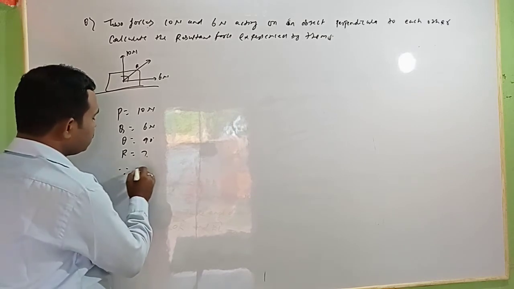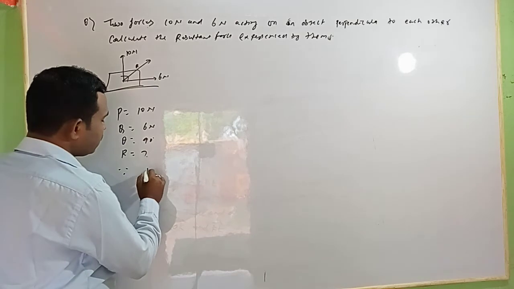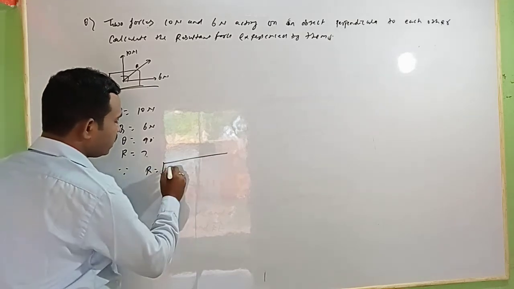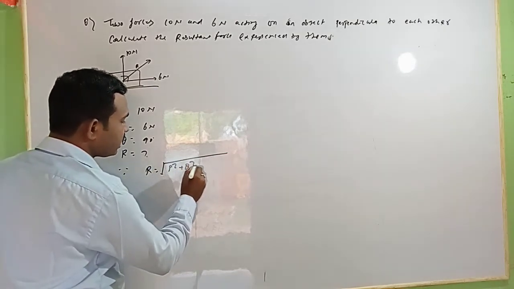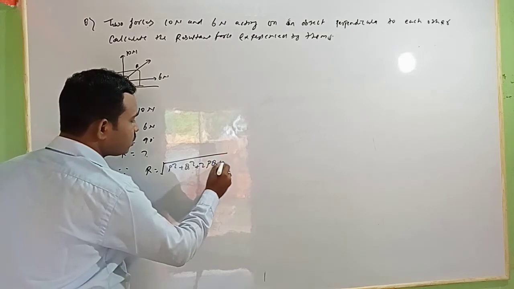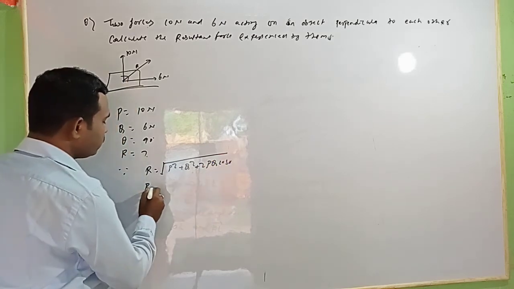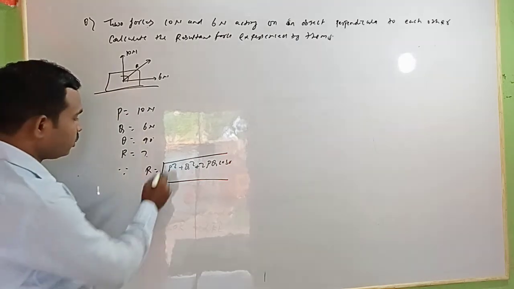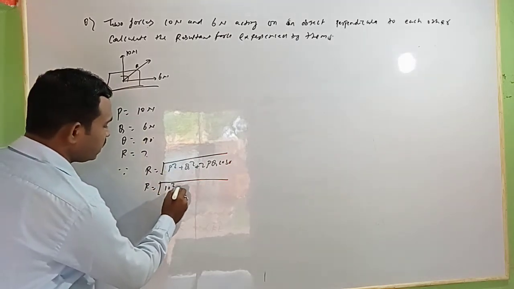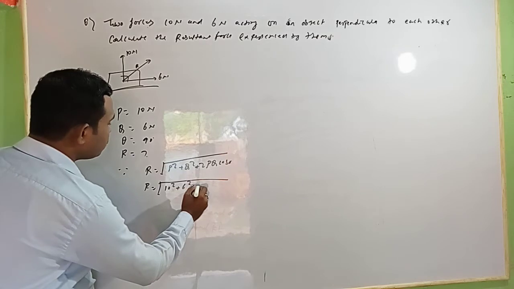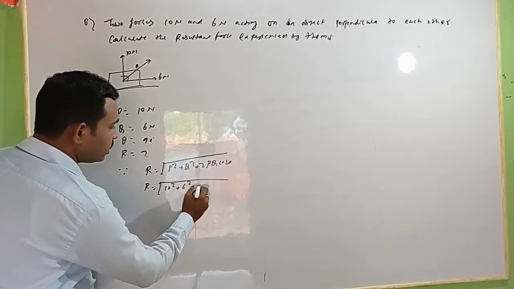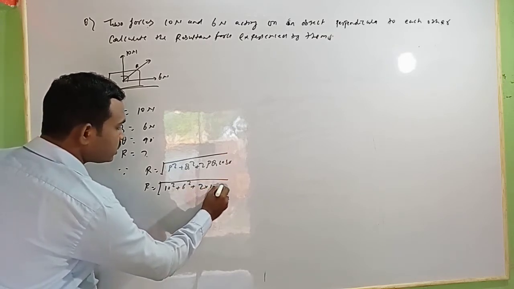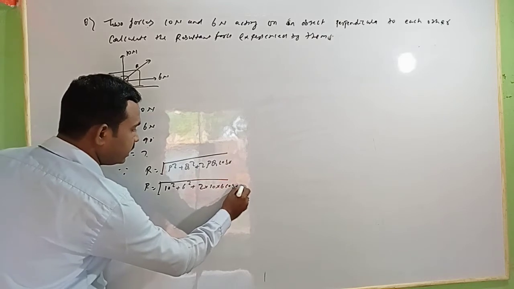What is the formula? You can write R is equal to root under P square plus Q square plus 2PQ cos theta. Can you write? Very good. And also you will put in the values. So here it will be 10 square plus 6 square plus 2 into 10 into 6 and then cos 90 degrees.